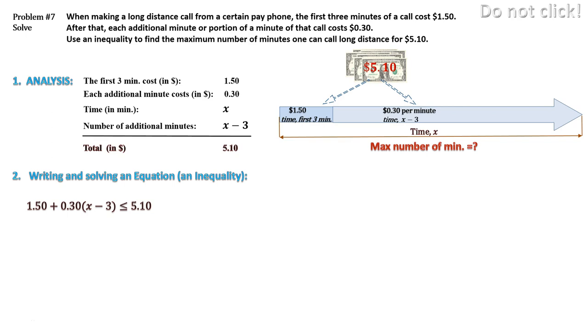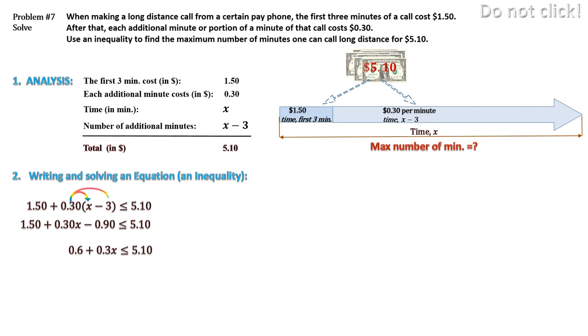Now we have to work on this inequality without reference to money. Just work as an algebraic inequality. We have to remove parentheses using the distributive property first. After that, we have to combine like terms, because 1.50 and 0.90 together is 0.6.